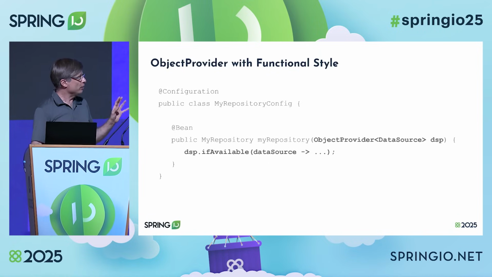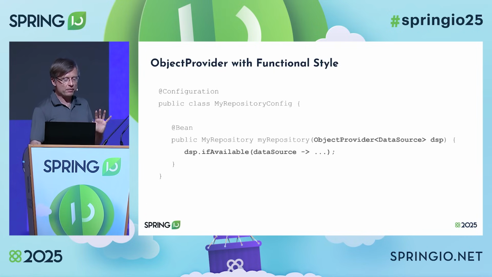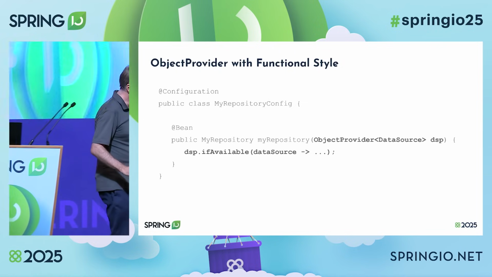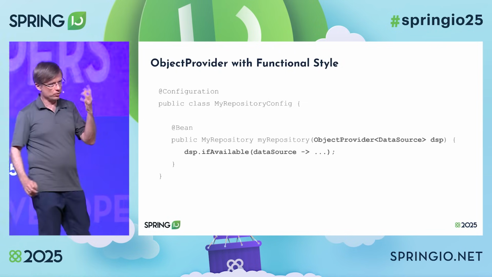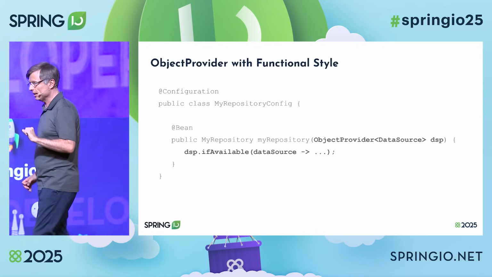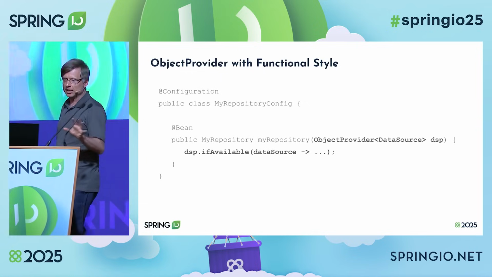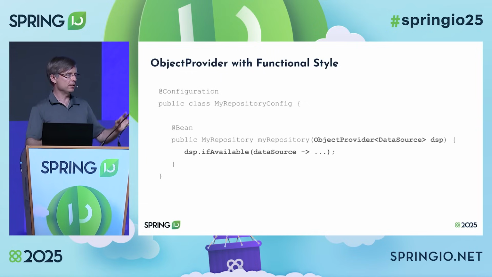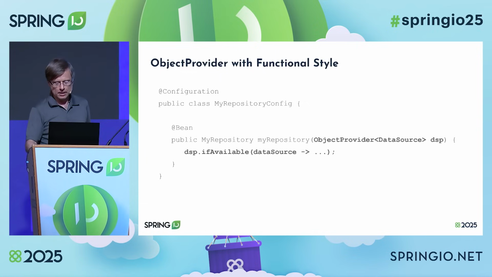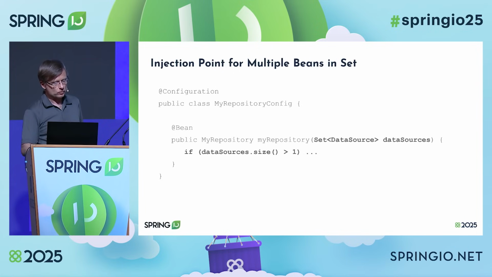So ObjectProvider can already do quite a few things, and I'm not even mentioning all of them here. ObjectProvider also has uniqueness resolution if there's more than one data source, and there's a couple of things that it can do in that space. But for our purposes, lazy access and optional access is already pretty good coverage.